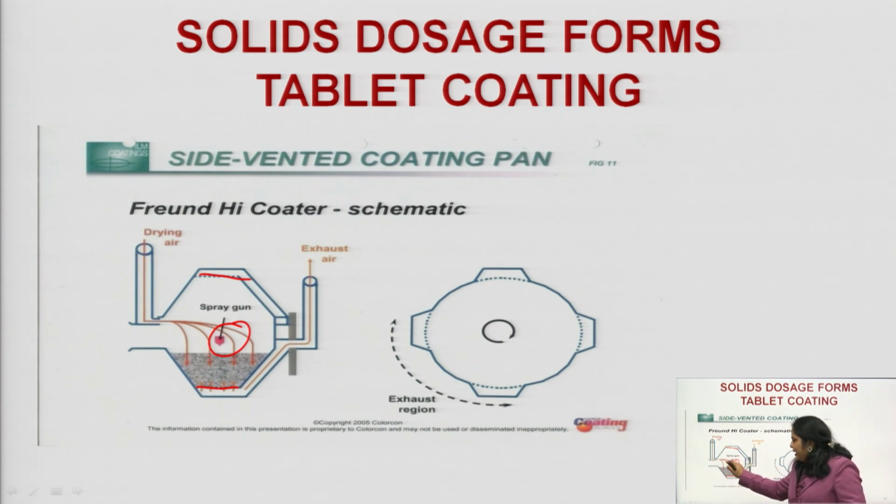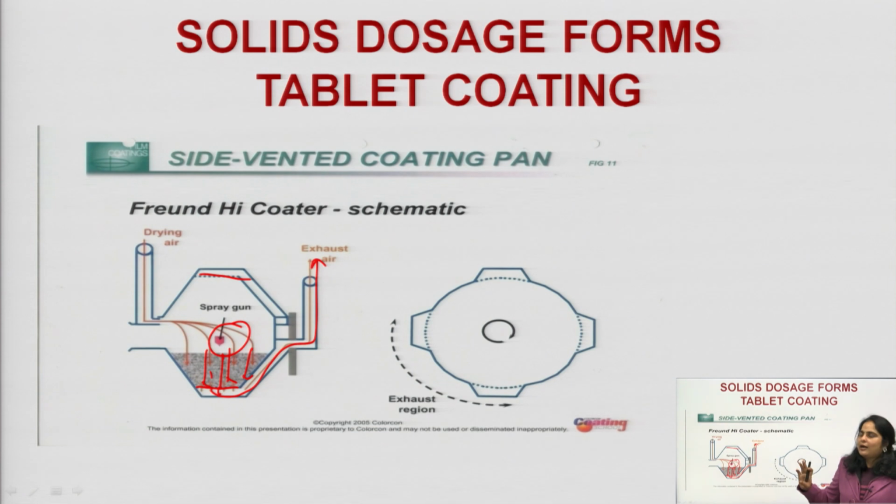The drying air entered from here, crosses through the whole of the tablet bed, and then moves out from this exhaust. It is a slight modification from the Accela-Cota pan, with better drying and mixing efficiency of the air and your tablet bed. So, ultimately this suited the process better as compared to our single pan or Glatt-Coater pan.